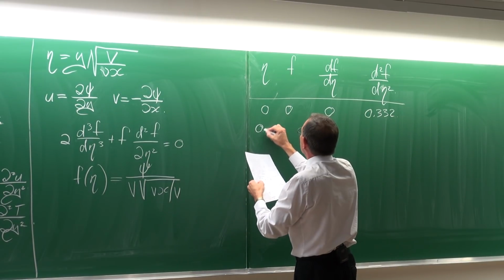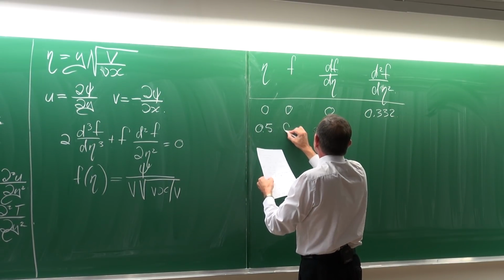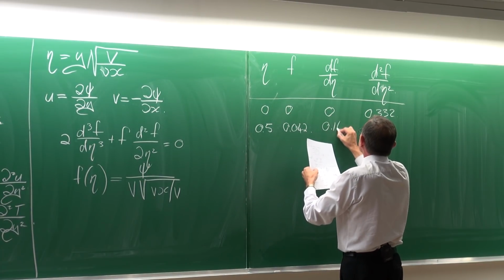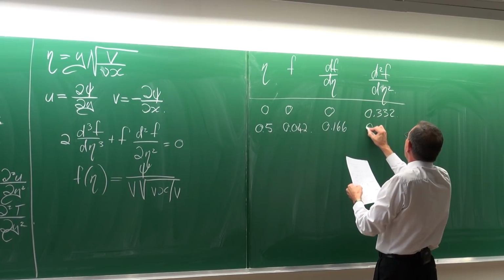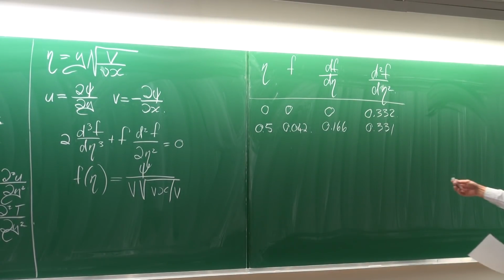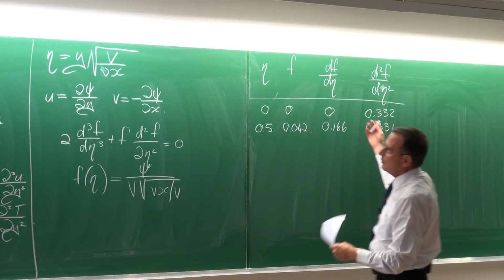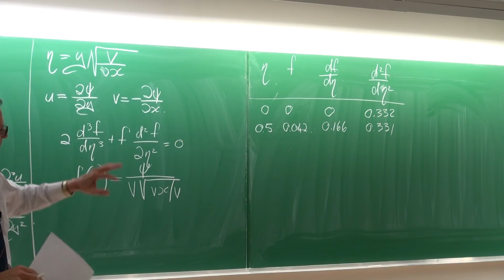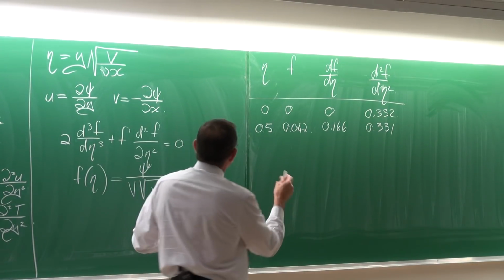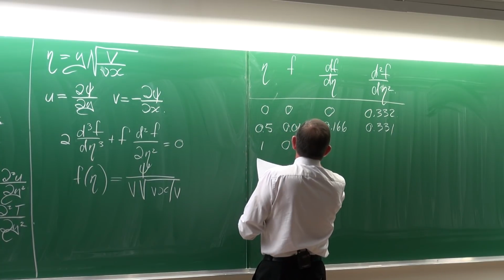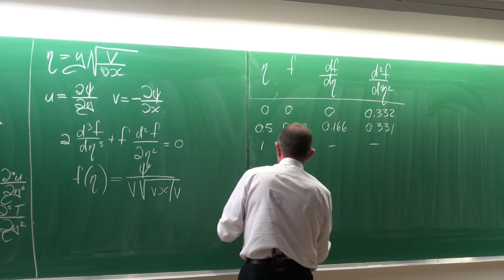And then for a value of 0.5, it is equal to 0.042 and 0.166 and 0.331. Now, if you look at this, you will ask me, but what does this now have to do with that? What is the relationship? I'm going to show it to you just now. So then you can do it for 0.1 and 0.166, and again for so many values.